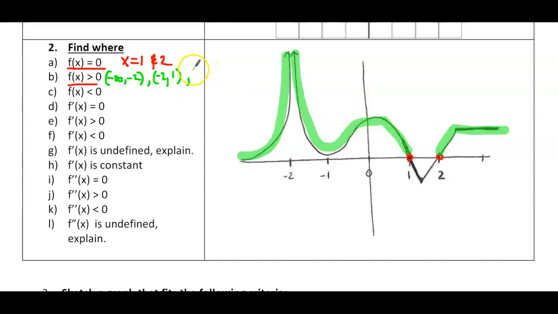And then from 2 to infinity is the next piece. f of x is less than 0 means my graph will be below the x-axis. And that happens right here. And so f of x is less than 0 on the interval from 1 to 2.